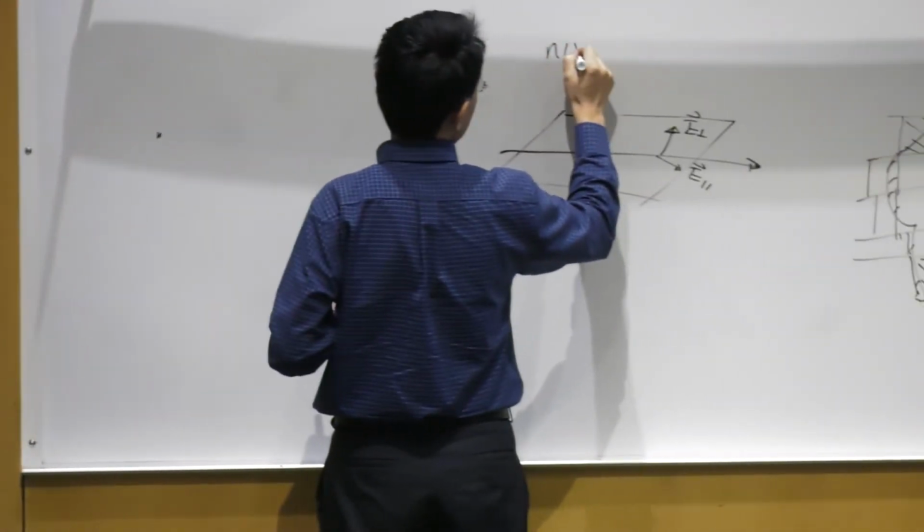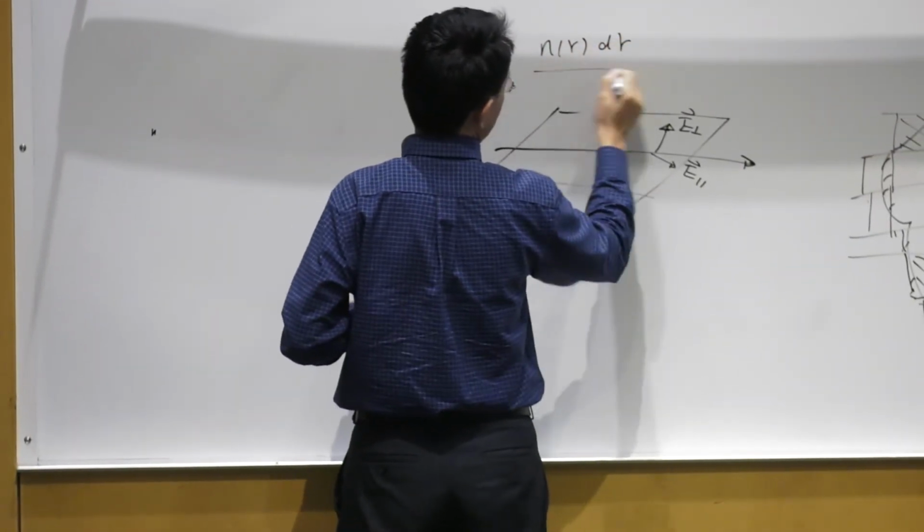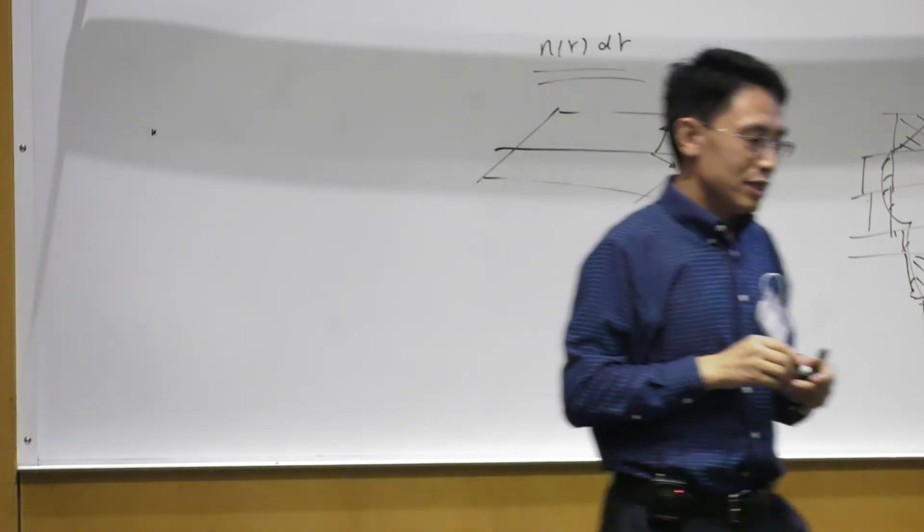Where's my marker? Oh, right here. This whole thing, n(r) dr, is the probability of the particle size happening between r and r plus dr. Right, that's the idea, so that we can use it to calculate these parameters to describe the size distribution.